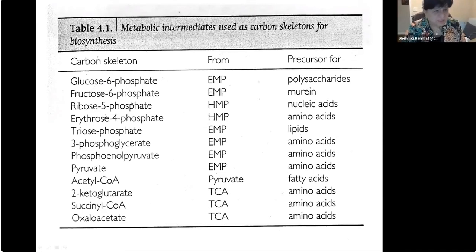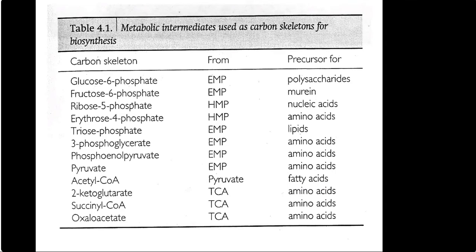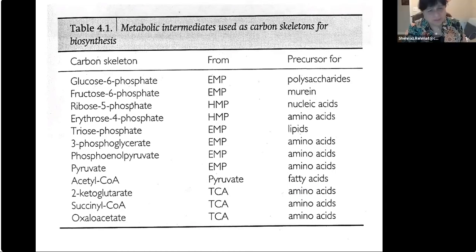These are all intermediates from these pathways that will be precursors to the synthesis of either polysaccharides, or murein. What is murein? Peptidoglycan. This is a special component of the cell wall of bacteria.